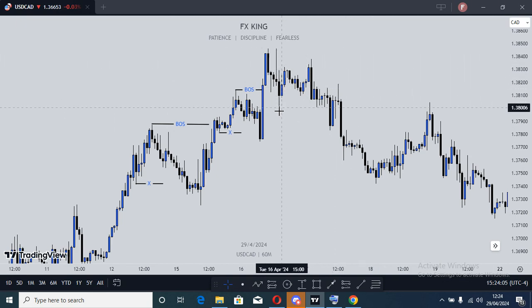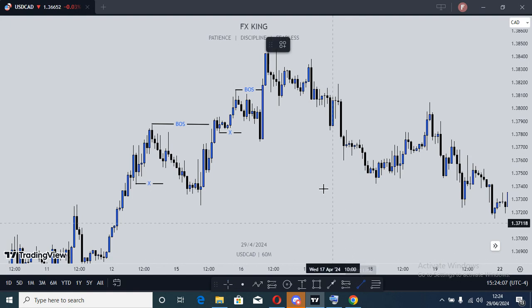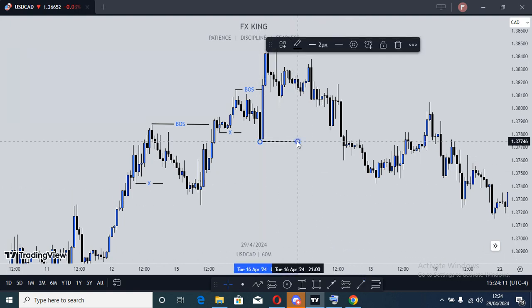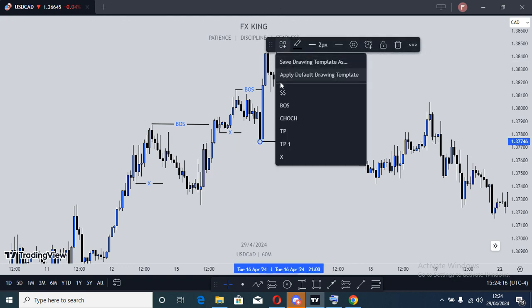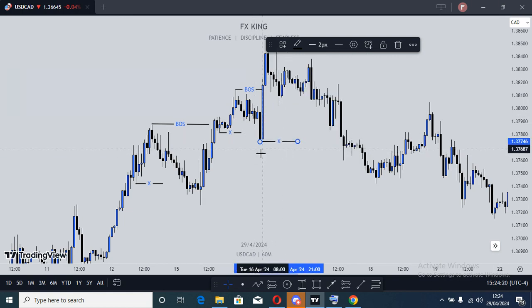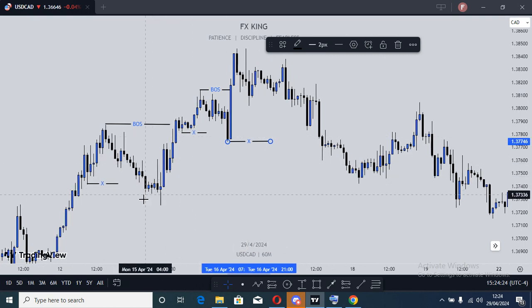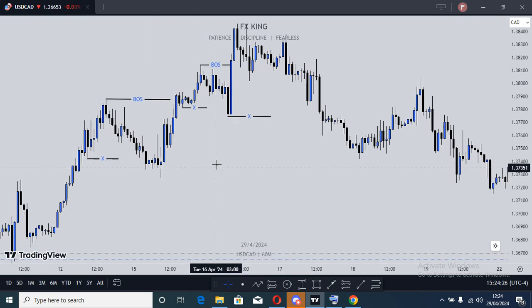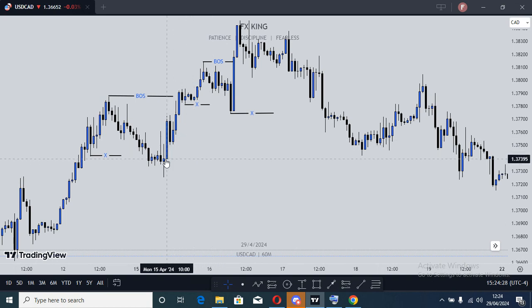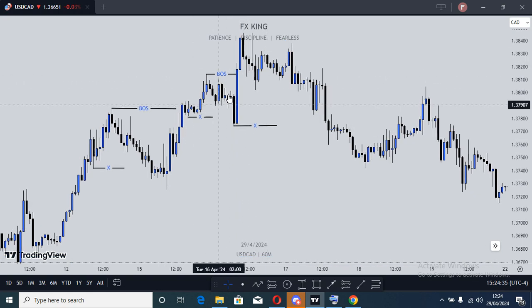So what do we do here? This low now becomes our inducement. Even though the low created a break of structure, because of the lack of inducement, the low now becomes inducement. So now when this happens, we are looking to buy at the extreme, because this break of structure becomes sort of invalid.